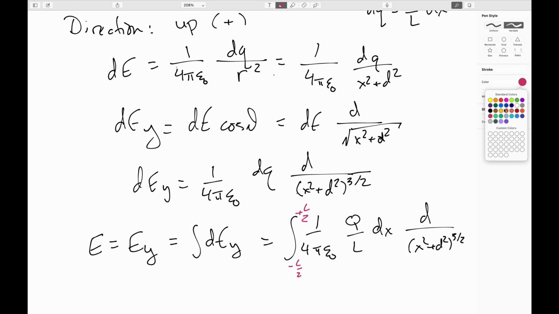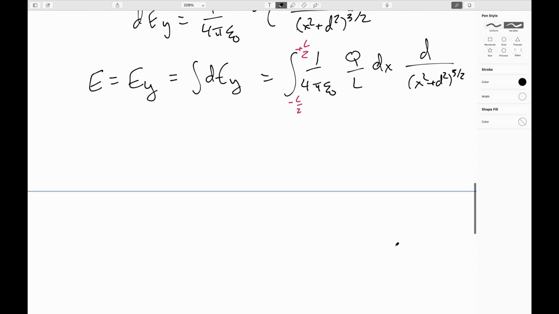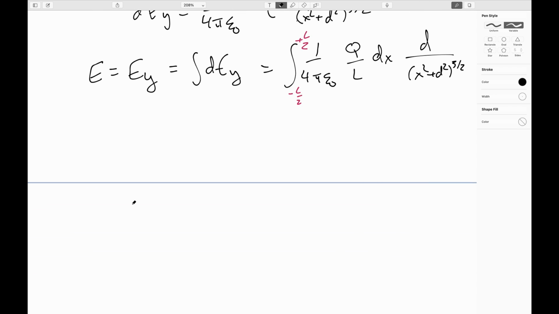All right. So before we evaluate the integral, let's just pull out anything that looks like a constant. That will make our lives a little bit easier.